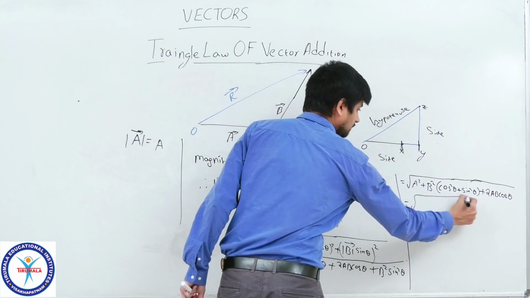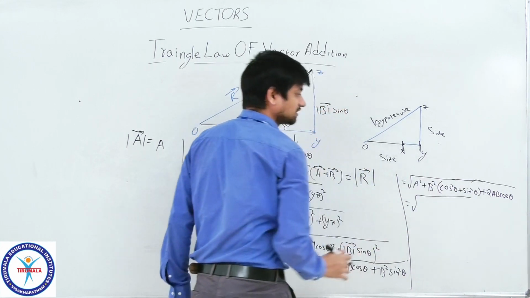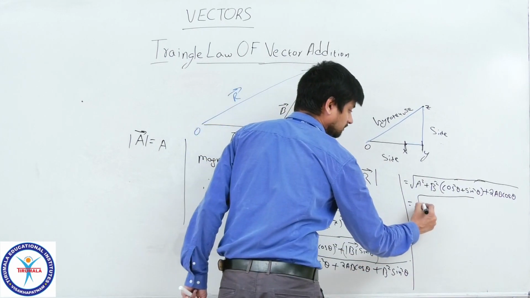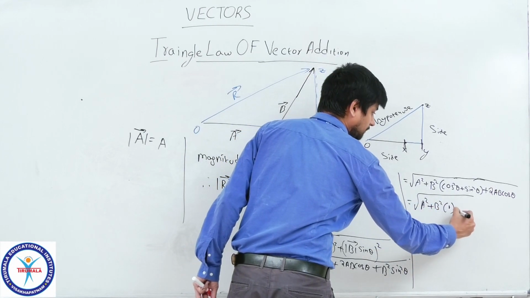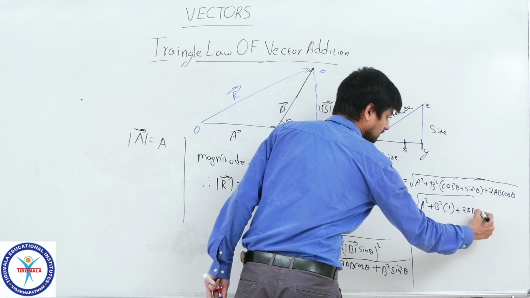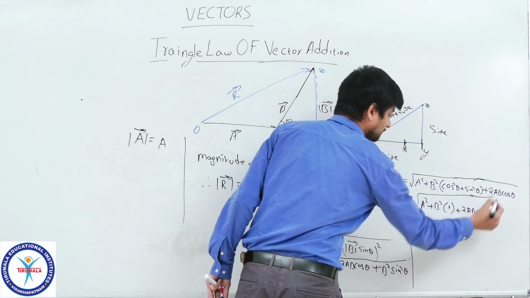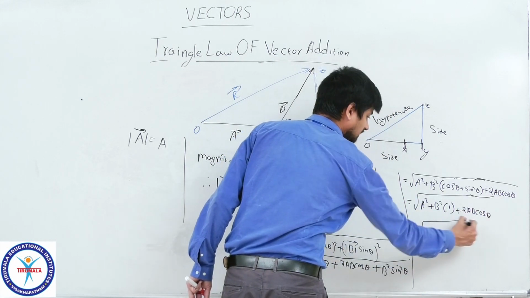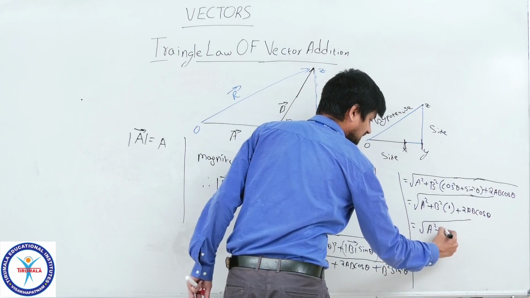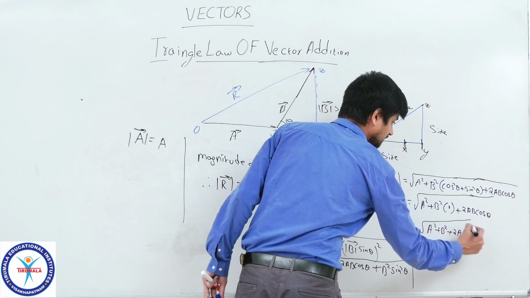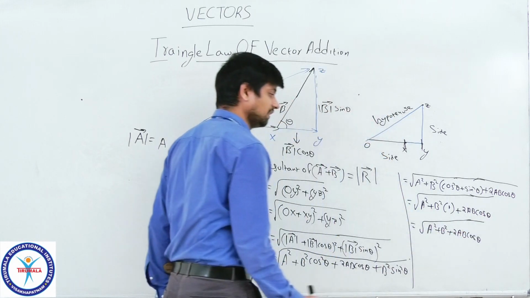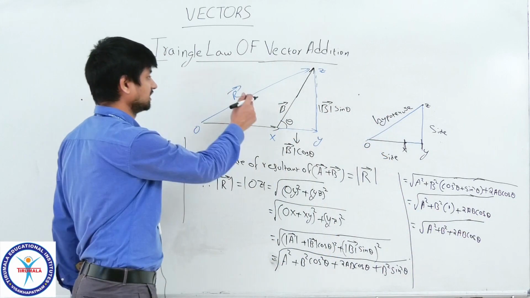So, children, cos square theta plus sin square theta value is 1. So, A square plus B square into 1 plus 2AB cos theta. So, what do you get? A square plus B square plus 2AB cos theta. So, this is the magnitude of the given vector.